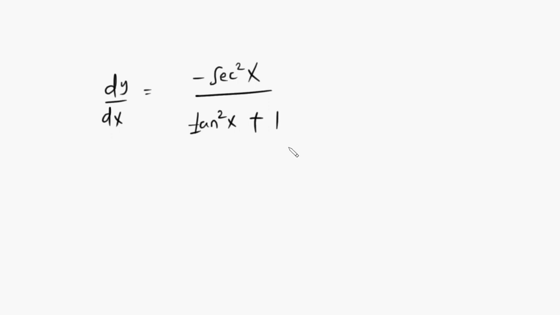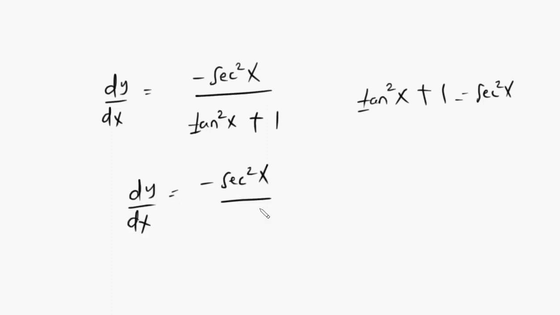But what is tan squared x plus 1? Tan squared x plus 1 is sec squared x. So dy dx is just equal to what? Negative sec squared x over sec squared x. So this and this cancel. So finally dy dx is what?